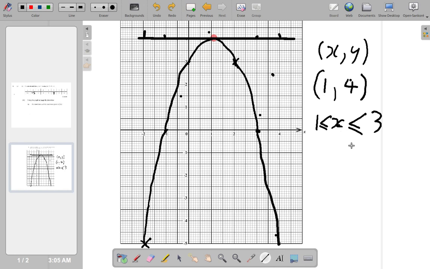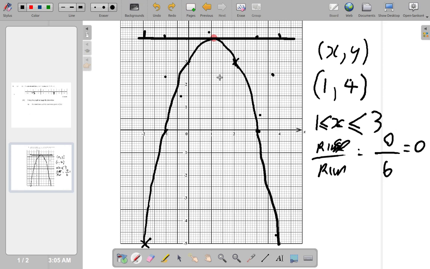Well, it would run 6 units. So if I should use my rise over run for the gradient, you would say my rise over my run would be, what's the run? 6 units for that example. What's the rise? You notice there's no rise, so it's 0. So it's 0 over 6, which is 0. In any case, you should know that the gradient of a horizontal line is 0. Alright?